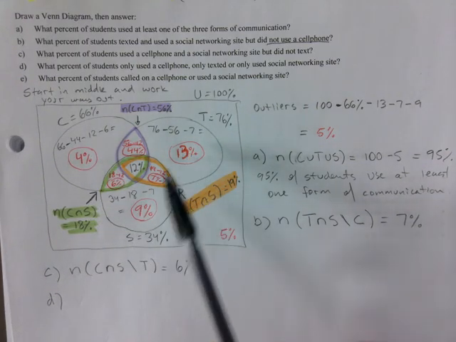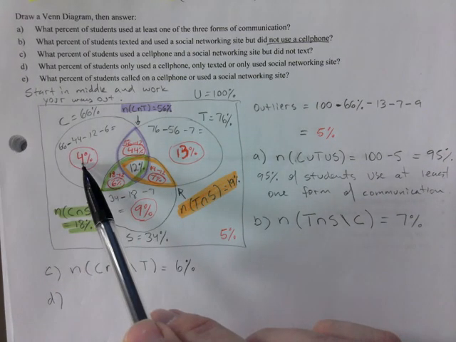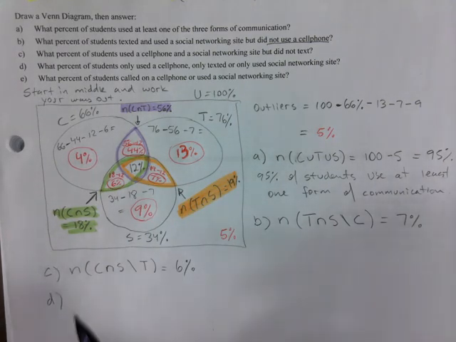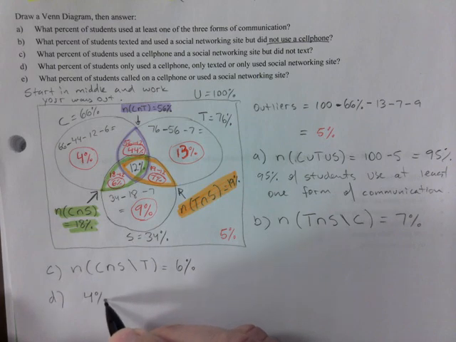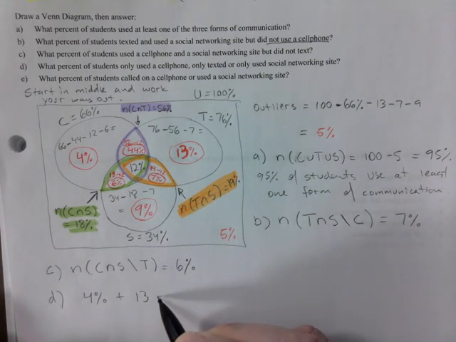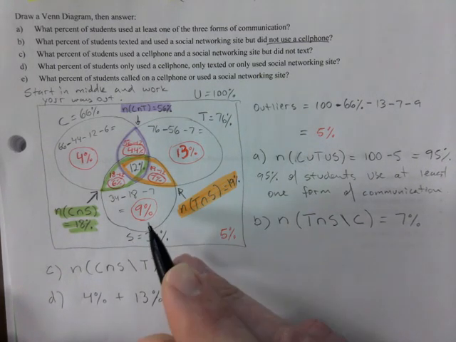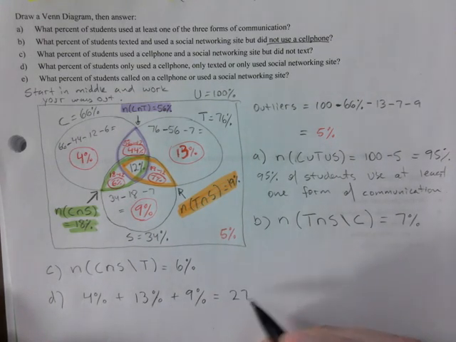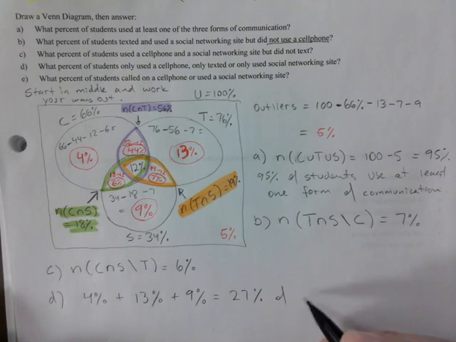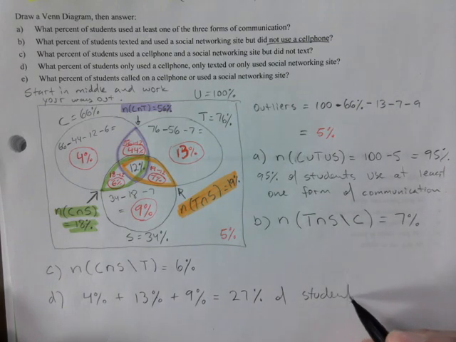These are the onlys for you right there. So it'll be basically 4% plus the 13 plus the 9. That's it. So 27% of students would fall under that category.